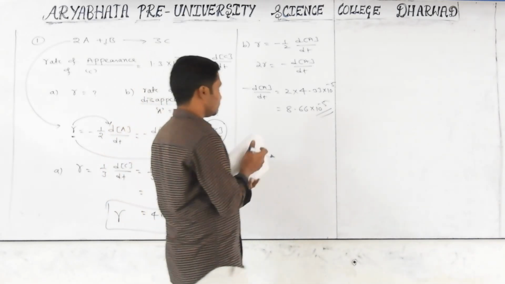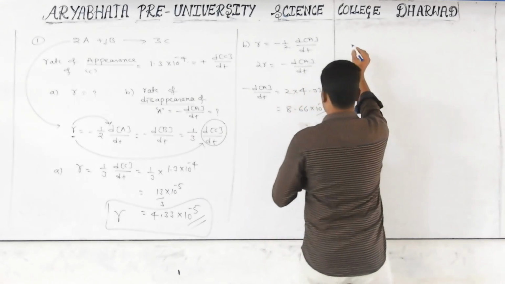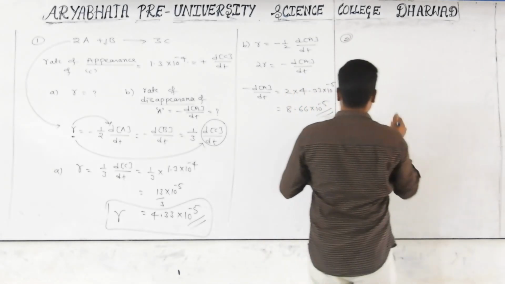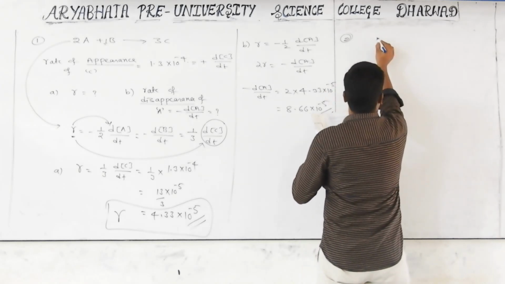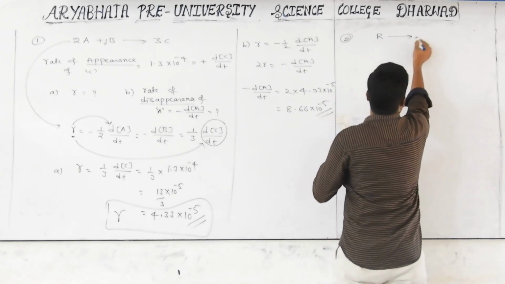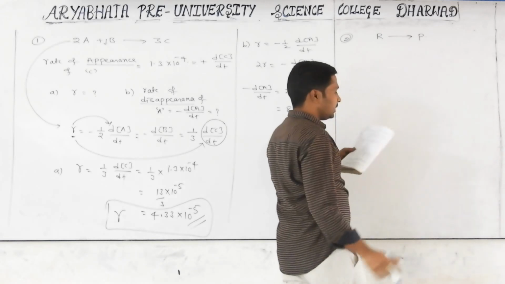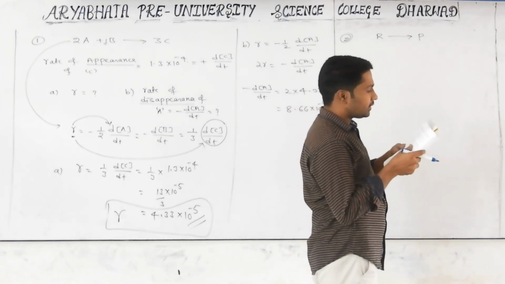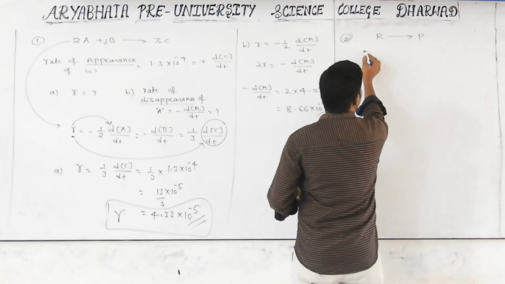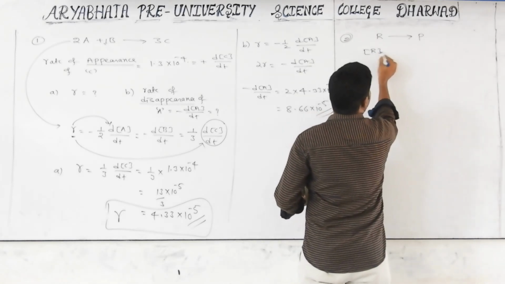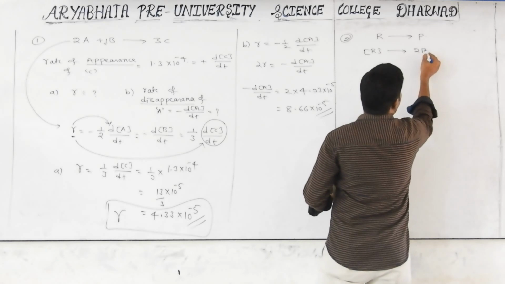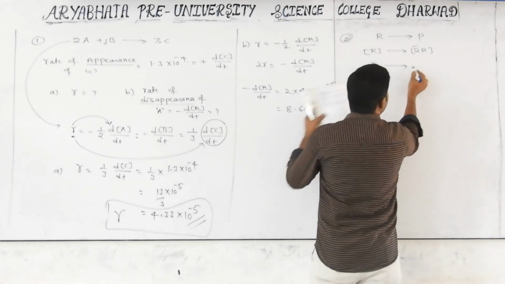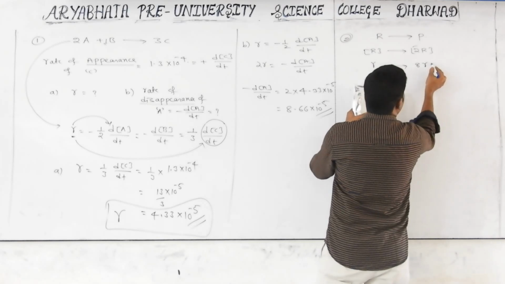See this question, the second one. We have a chemical reaction, where reactants are converting into products. If the concentration of the reactant is doubled, meaning 2 times, then the rate of reaction becomes 8 times.